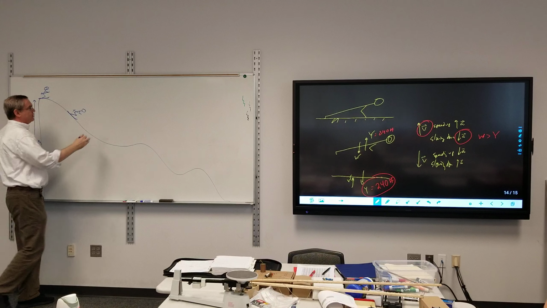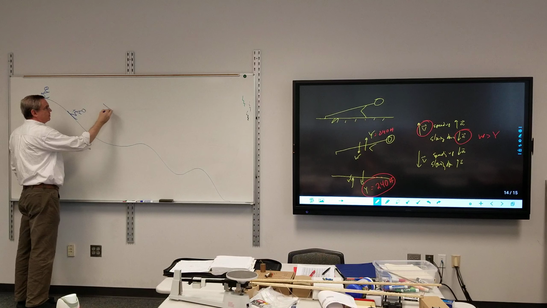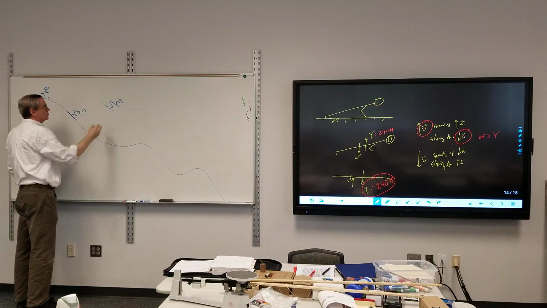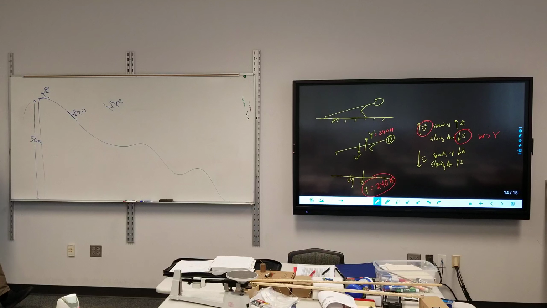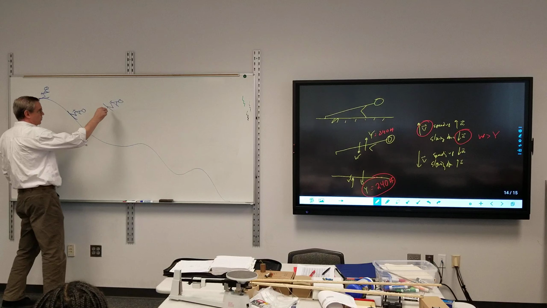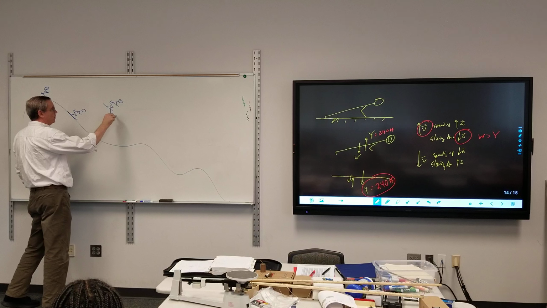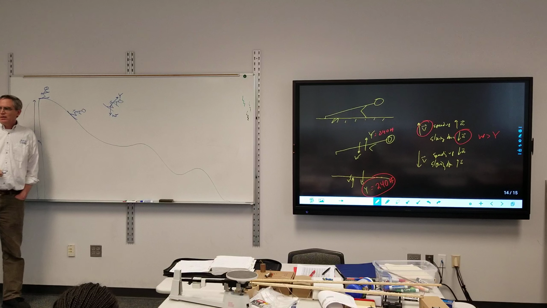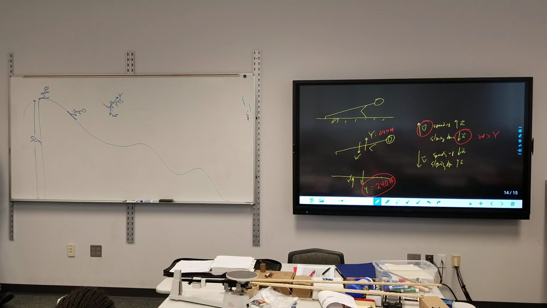What are the forces acting on the skier at that point? It is frictionless. Weight and normal force. So we have weight acting down and normal force acting that way.